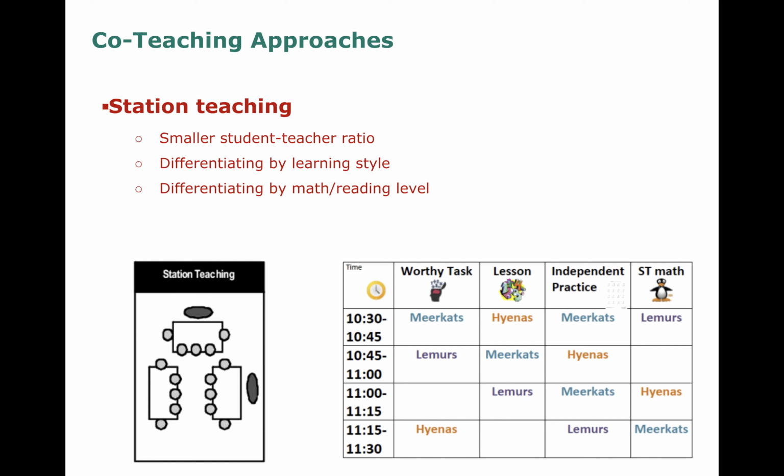You can also rotate your students so that you are both seeing them and you're not each only working with one particular group. So station teaching is a really effective approach to co-teaching that addresses the needs of all of your students.